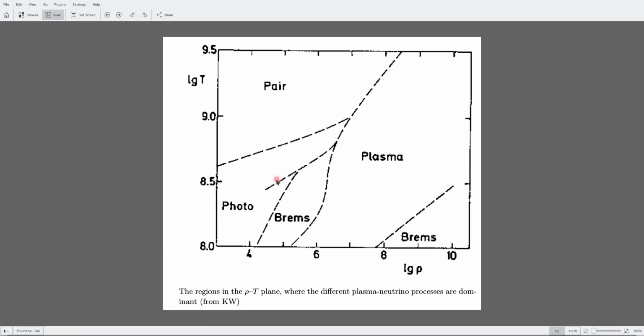Increasing the density, we need more interaction of the photon with the plasma in that process. At the end, the processes seem quite similar, because instead of production of a pair of electron and positron, you can produce a pair of neutrinos. Or the pair of electron positron produces the pair of neutrinos.